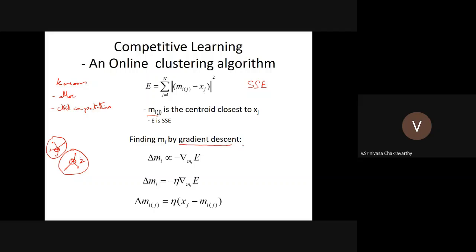We will encounter this concept of gradient descent repeatedly in this course for many algorithms. Let me just give a small example. Suppose I want to minimize a certain function, f of x. Normally you can just take the derivative, set f prime equal to 0, and get this point.